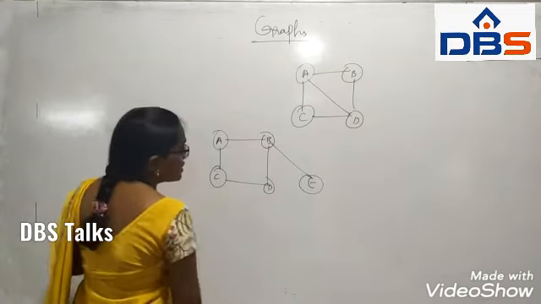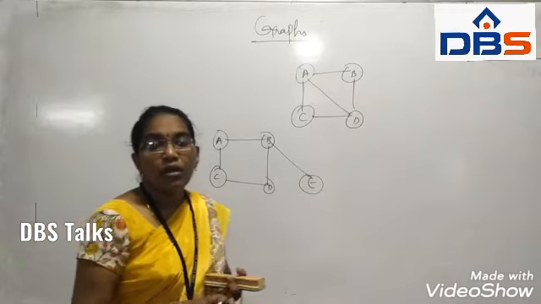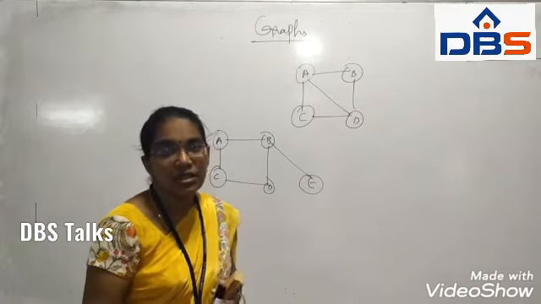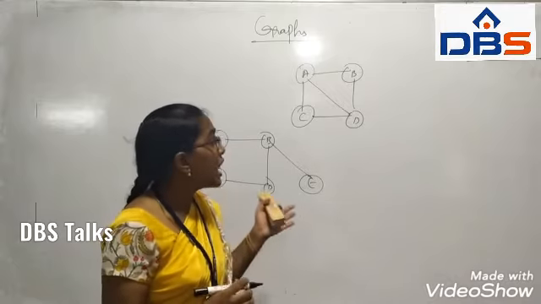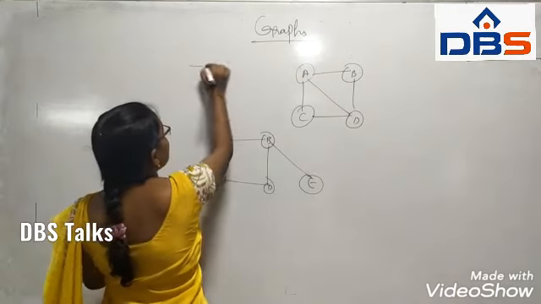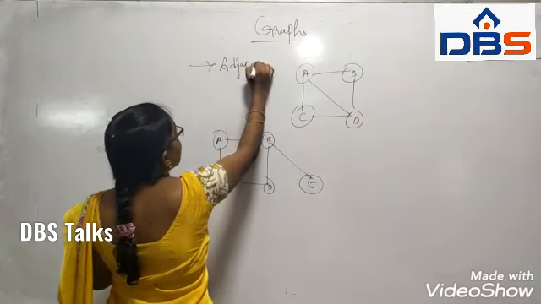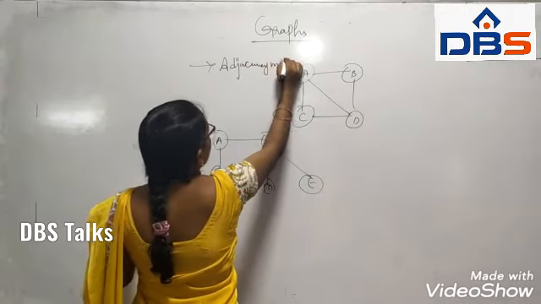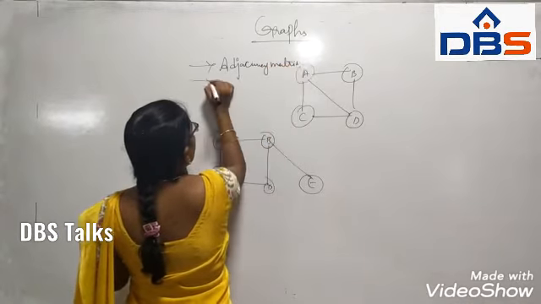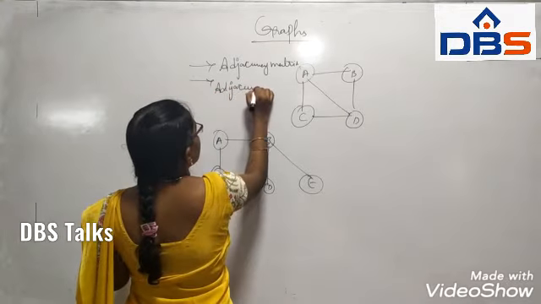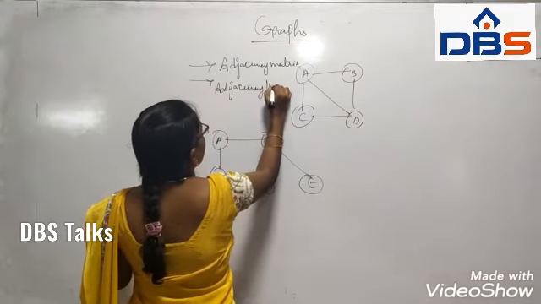Okay. See, basically we have discussed all the data structures. How are we going to represent them? We can represent these graphs using an adjacency matrix and an adjacency list.